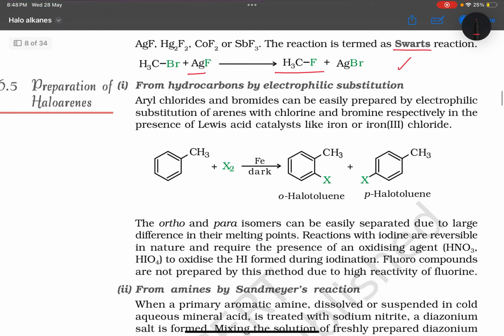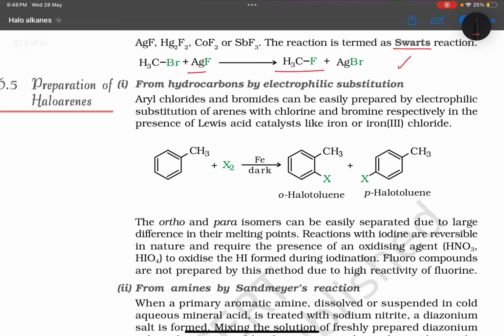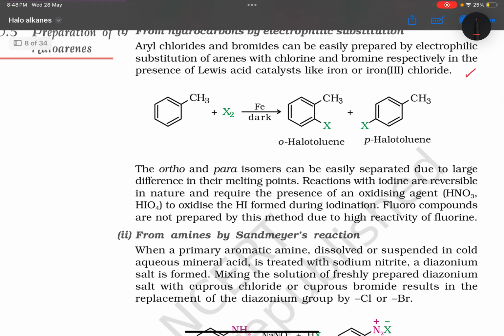Preparation of haloarenes from hydrocarbons by electrophilic substitution. Aryl chlorides and bromides can be easily prepared by electrophilic substitution of arenes with chlorine and bromine respectively in the presence of a Lewis acid catalyst like iron or iron(III) chloride. In first year we were discussing benzene EAS, electrophilic aromatic substitution. Okay, now here toluene is taken.